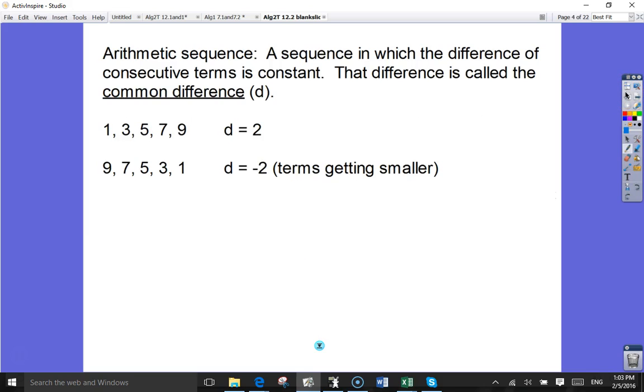The definition of an arithmetic sequence is a sequence in which the difference of consecutive terms is constant. That difference is called the common difference, and we use lowercase letter d to represent it.